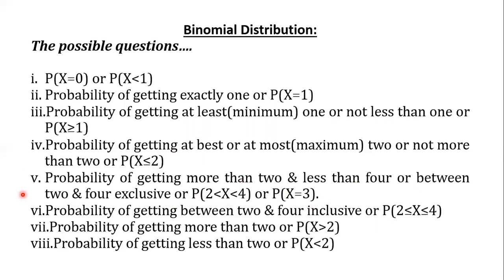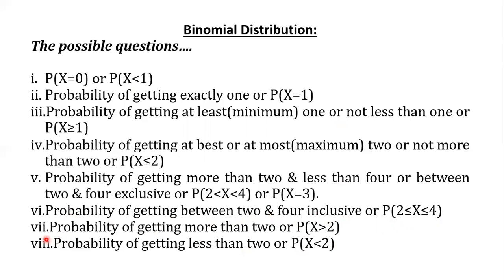Roman 6, probability of getting between 2 and 4 inclusive, or probability of 2 ≤ X ≤ 4.